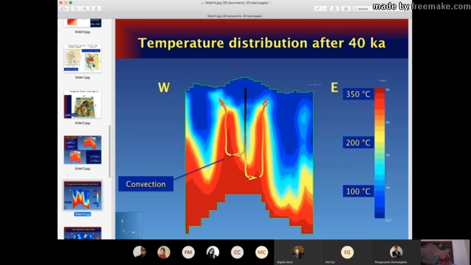The deep geothermal fields are in the red part of the uprising plumes. This was the first time that the geothermal field of Amiata was modeled, and we got results that are relatively reasonable and comparable to the observations that we find in the field.